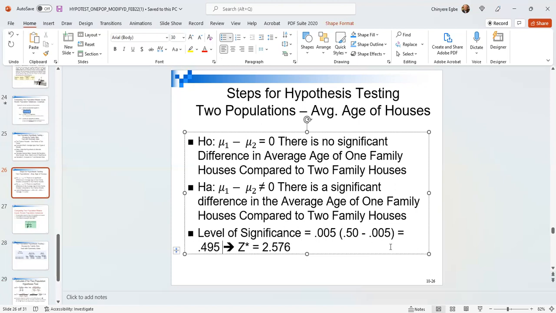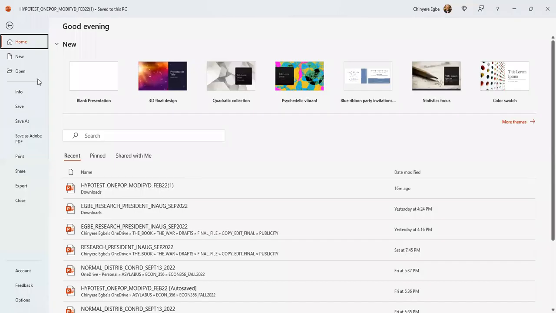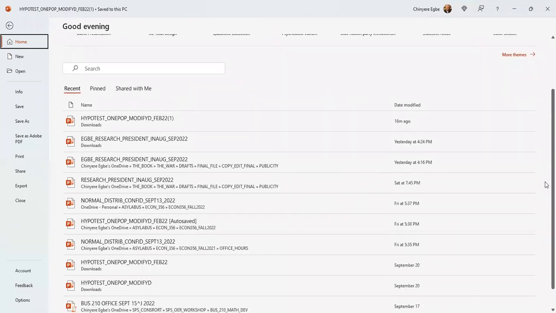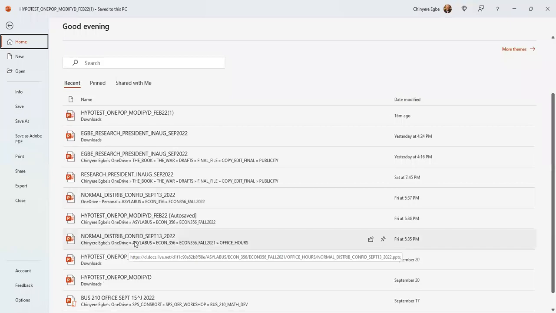And that is where you select your z-value from. Let me see if I can find that. Okay.